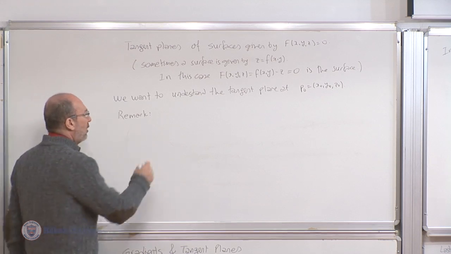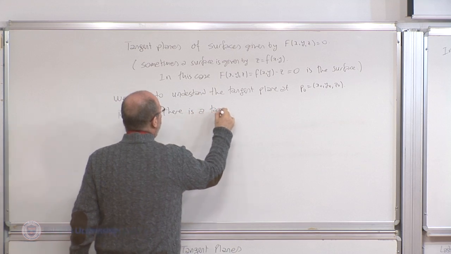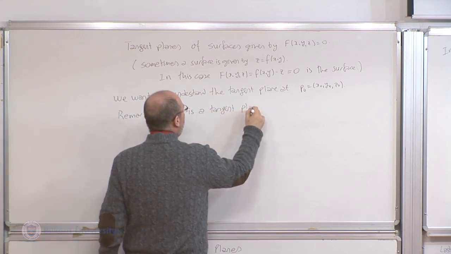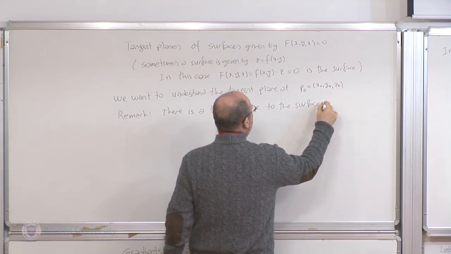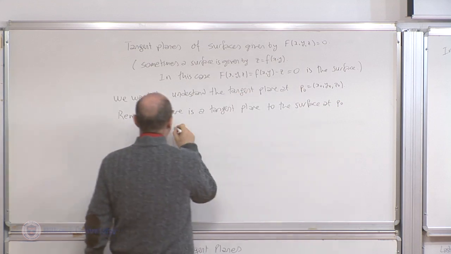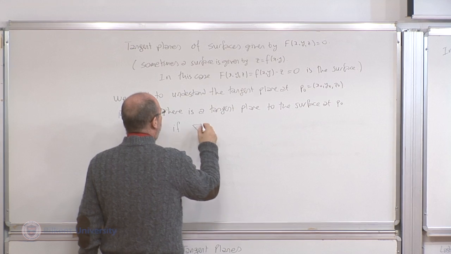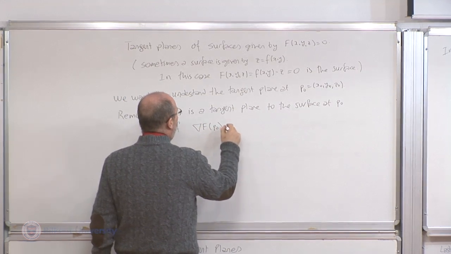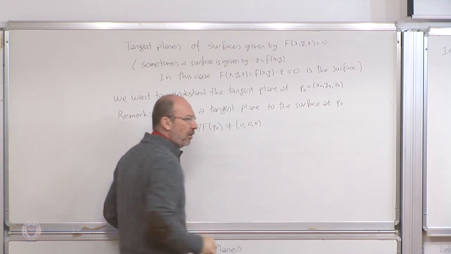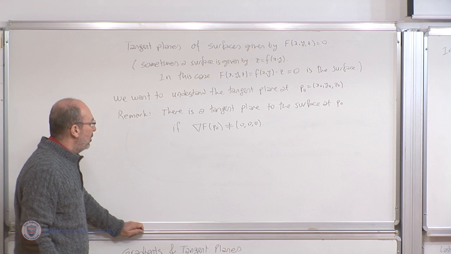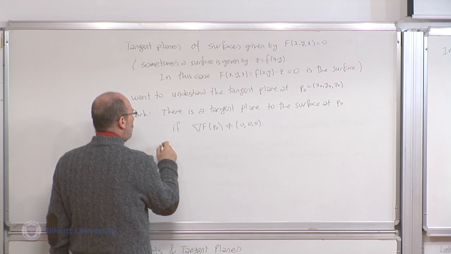One thing you find out is the following. There is a tangent plane to the surface at p sub 0 if you calculate the gradient of f at p sub 0, and this is not all 0. At least one of the partial derivatives is different than 0. Okay? So again, I will use this later on.